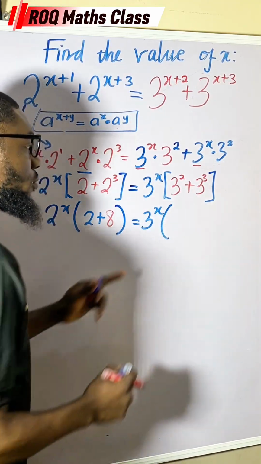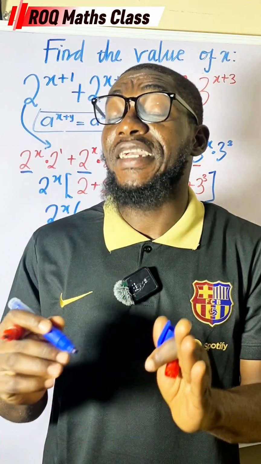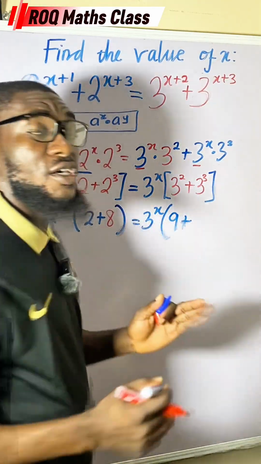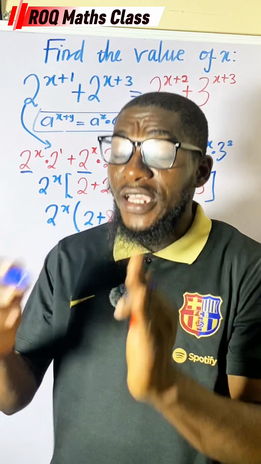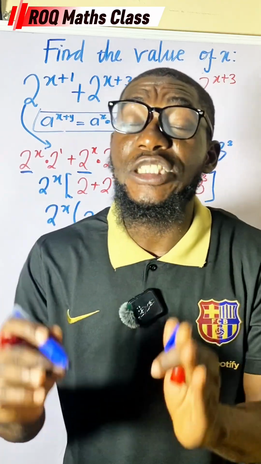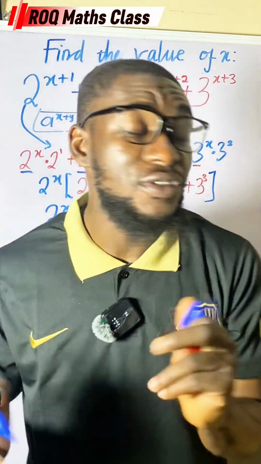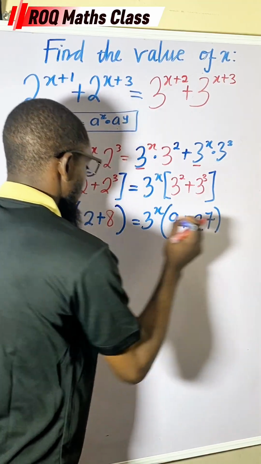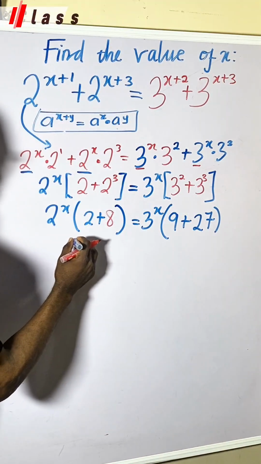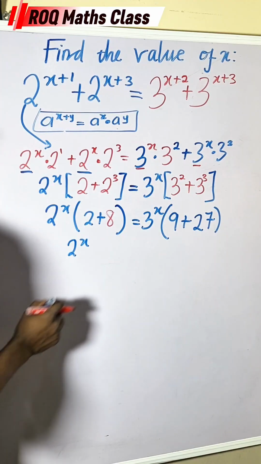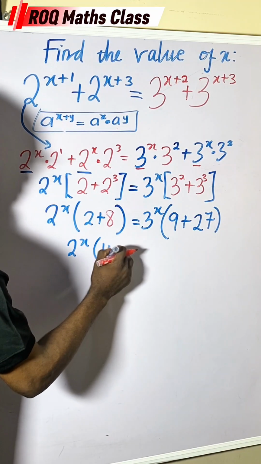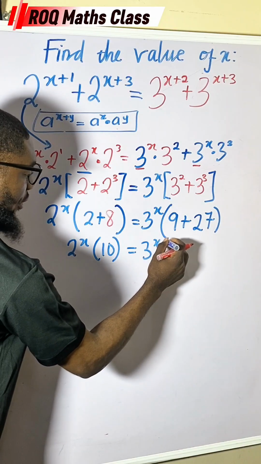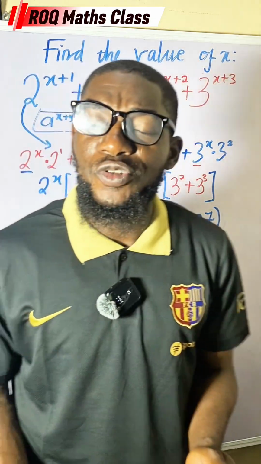Then 3 to the power of 2 is 3 times 3, that is 9, plus 3 to the power of 3, 3 times 3 times 3, that is 27. So this is 2 to the power of x into the bracket of 10 equals 3 to the power of x into the bracket of 9 plus 27.